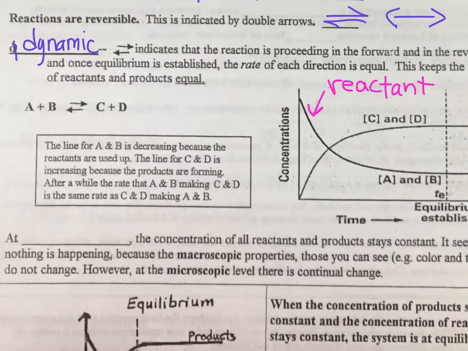So would that be the forward reaction or the reverse reaction? This would be the forward, right? Because hopefully you have a lot of reactants to begin with, and then the reactants start to run out, right? I mean, we don't completely run out, but you got that. All right. And then on the other one, the bottom line, who's that one representing? This will be your products.